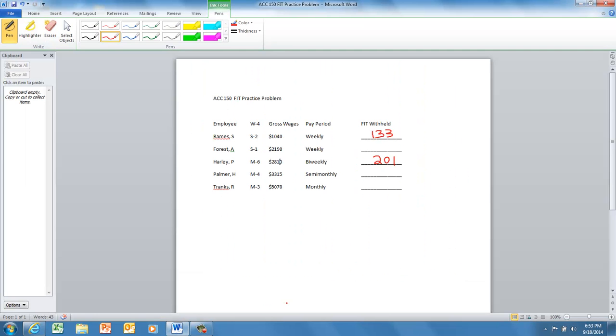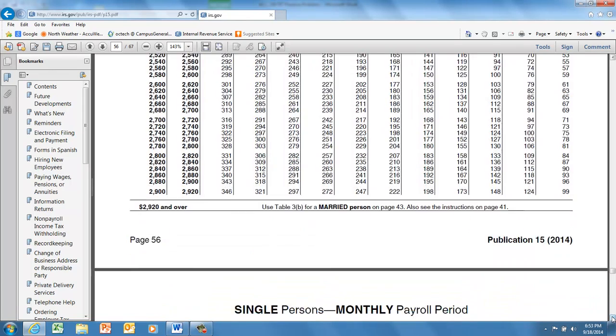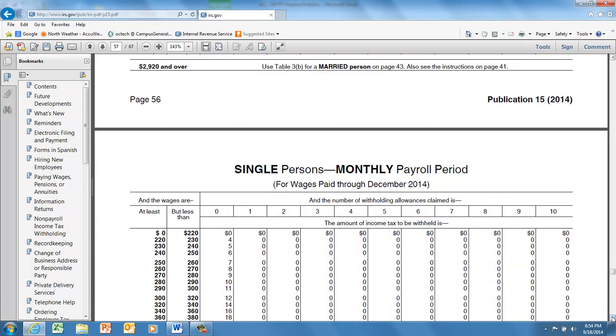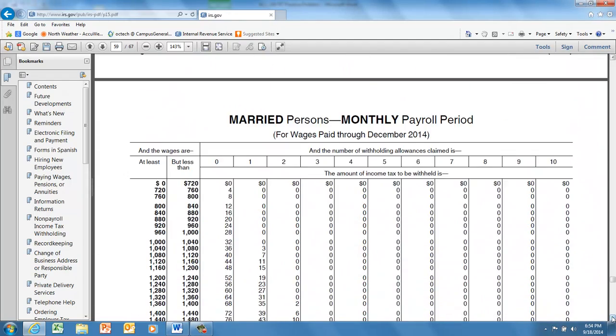So let's go back and take a look at the last one. That's R. Tranks, who is married 3 and 5,070 on the monthly. So monthly 5,070, married 3. Again, I'm going to scroll on down. Here starts the monthly. There'll be a couple of single pages.